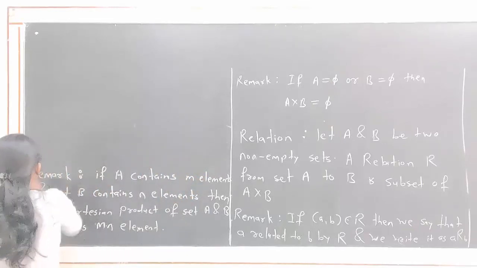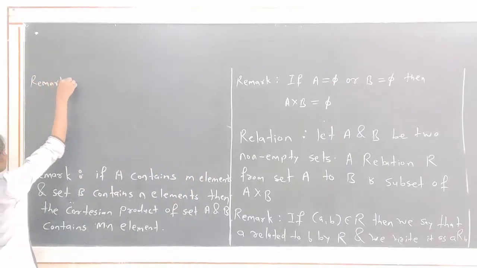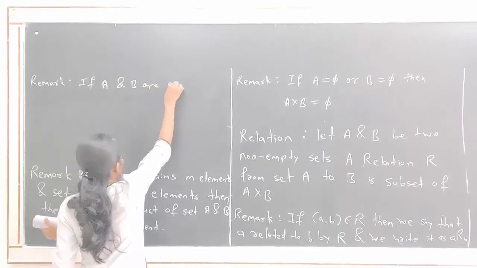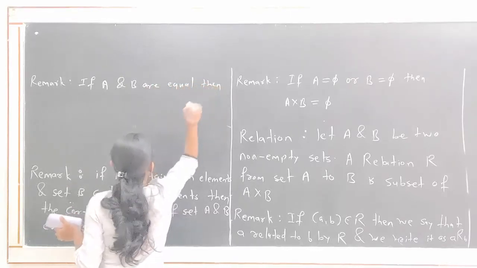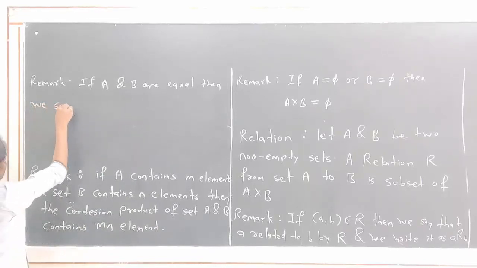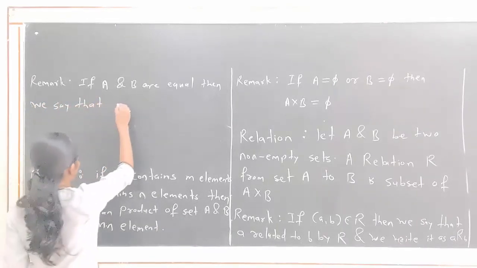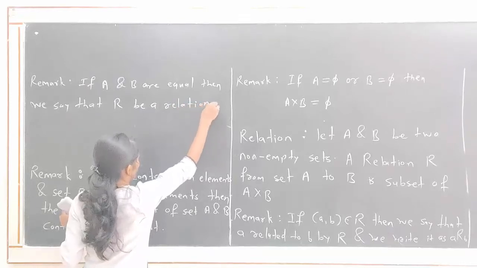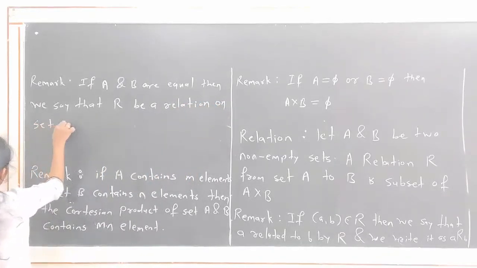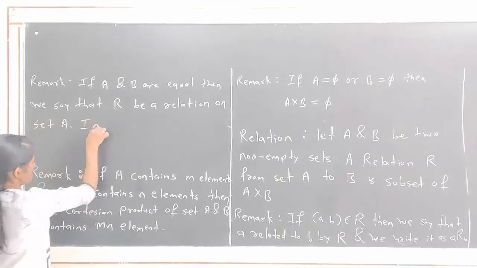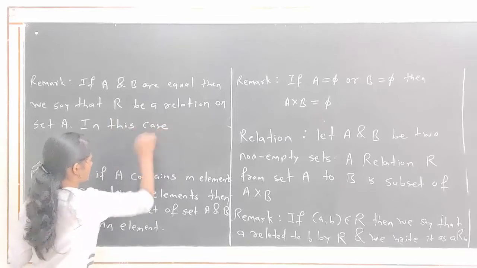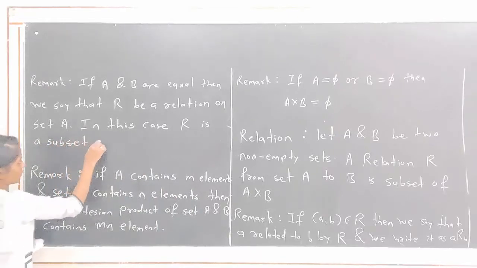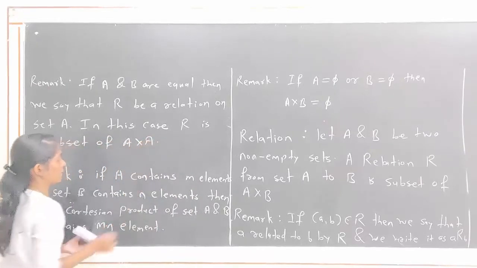Remark, if set A and B are equal, then we say that R is a relation on set A, and in this case R is a subset of A cross A. Okay.